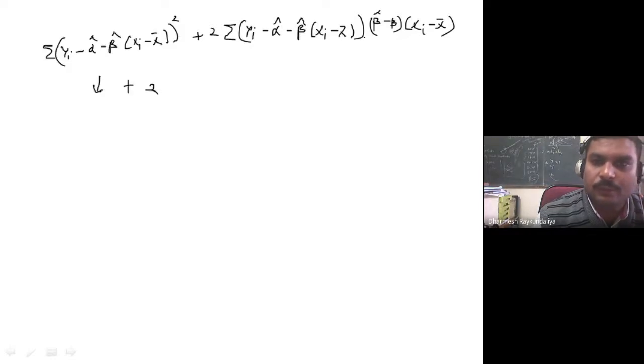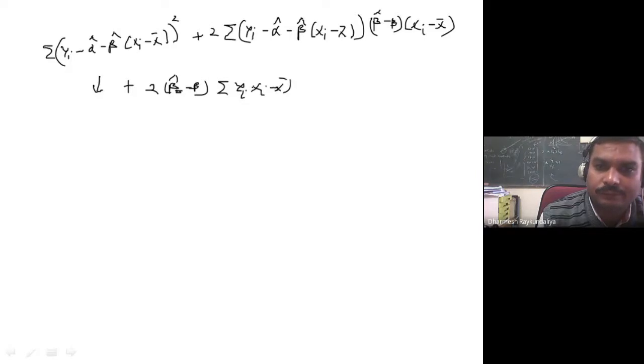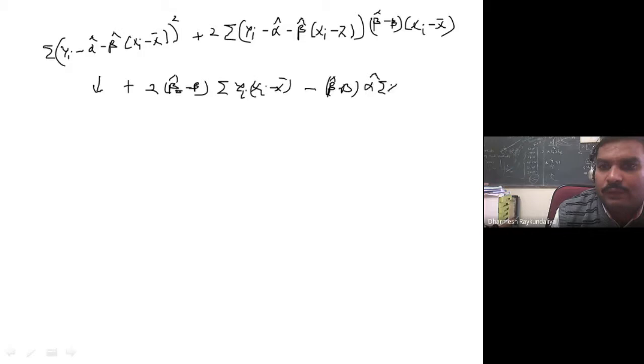This is twice of, if you multiply this, beta cap minus beta is outside, and this yi multiplies with xi minus x bar, so it is summation yi xi minus x bar, and minus this, beta cap is outside, this alpha cap is outside, and this is summation xi minus x bar, then this minus, of course it is twice of this, and this is minus twice of beta cap minus beta summation xi minus x bar whole square.